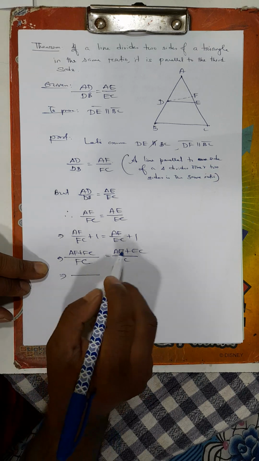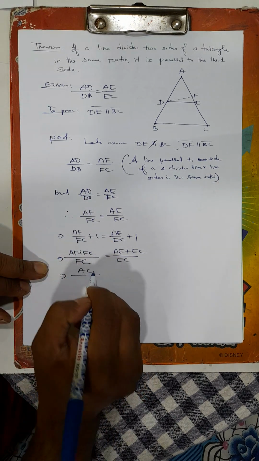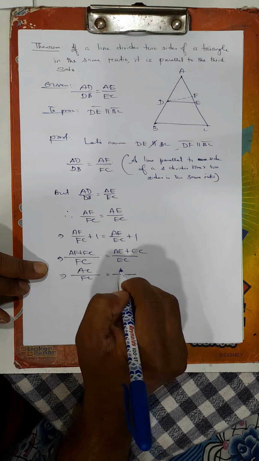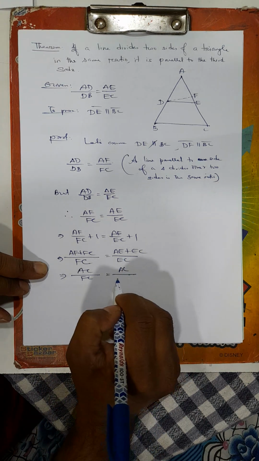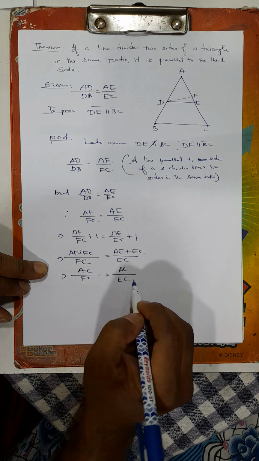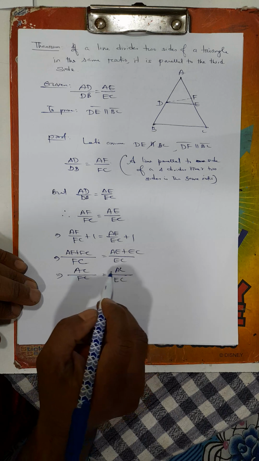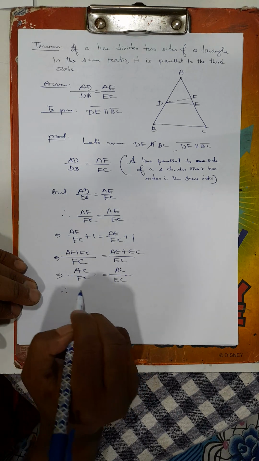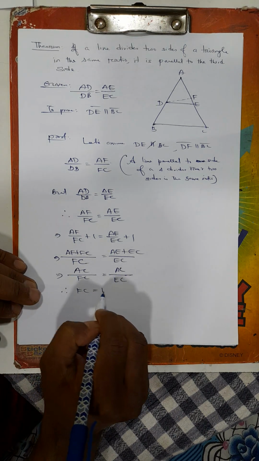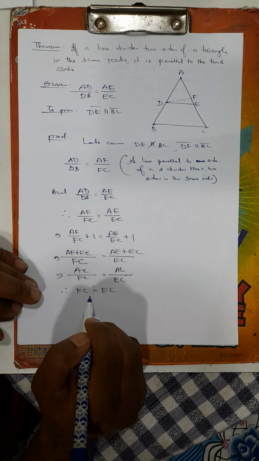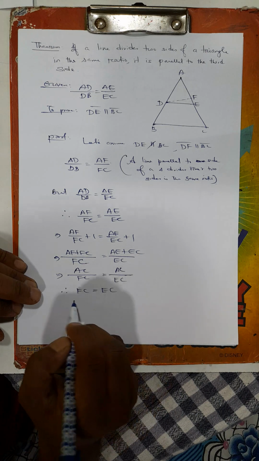Now what is AF plus FC? AC by FC. What is AE plus EC? That is also AC divided by EC. Now you see these two fractions are same and numerators are same. Therefore, their denominators must be equal. FC equals EC.